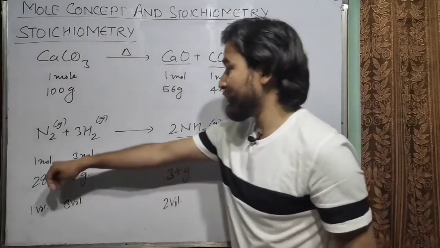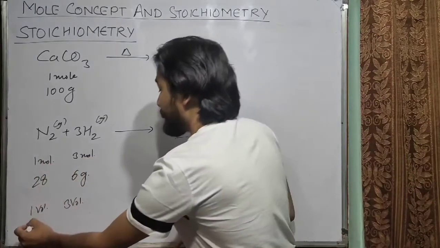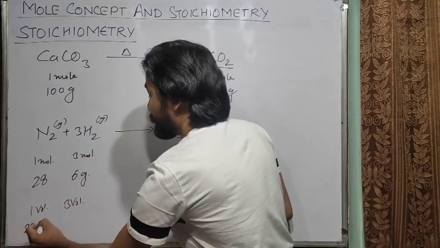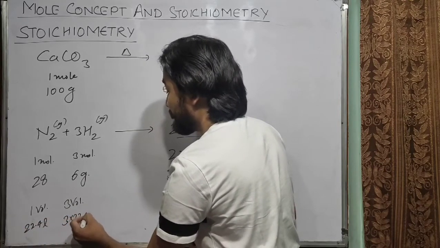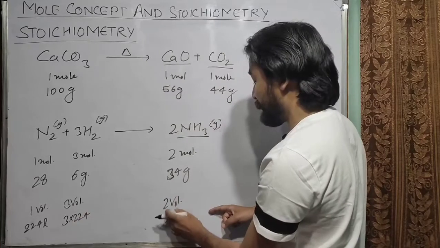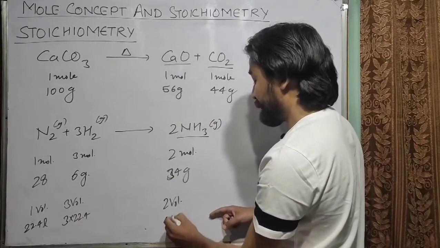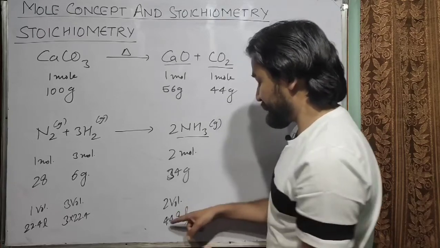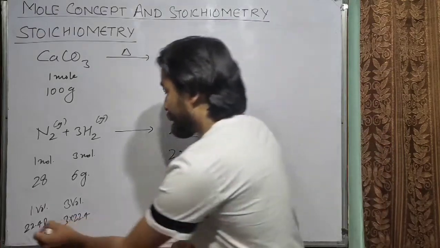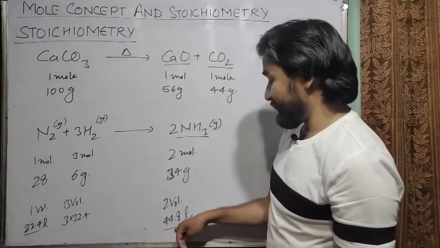Or you can say, you know that the volume of 1 mole is 22.4 liter. It will be 3 into 22.4 liter for hydrogen, and 2 into 22.4 liter, that is 44.8 liter, for ammonia. So you can see from here that 22.4 liter will give 44.8 liter.